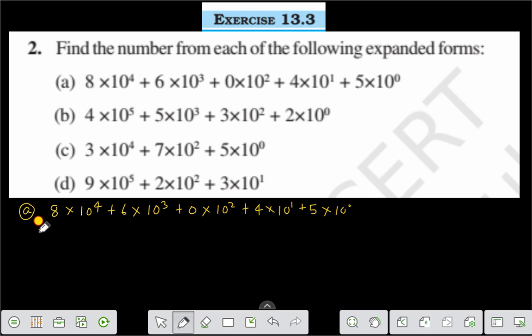This can be written as 8 into 10 to the 4, that is 1 followed by 4 zeros, plus 6 into 10 to the 3, which means 1000, plus 0 into 100, plus 4 into 10, plus 5 into 10 to the power 0, that means 5 into 1, right?